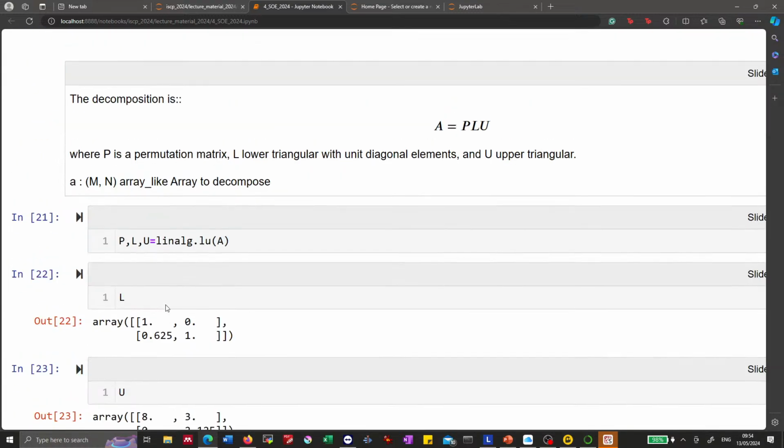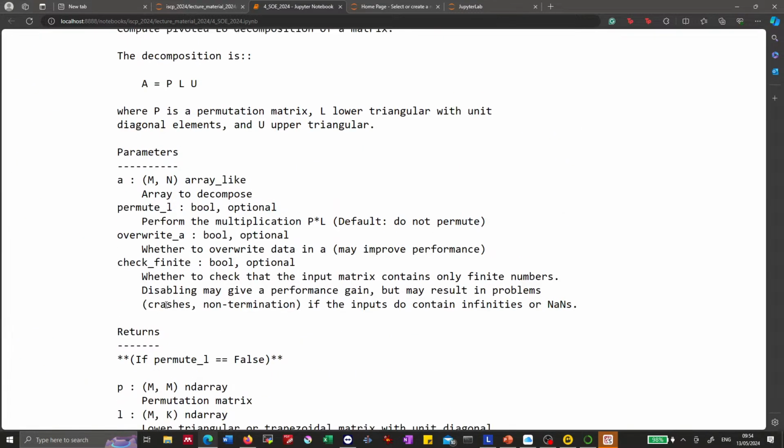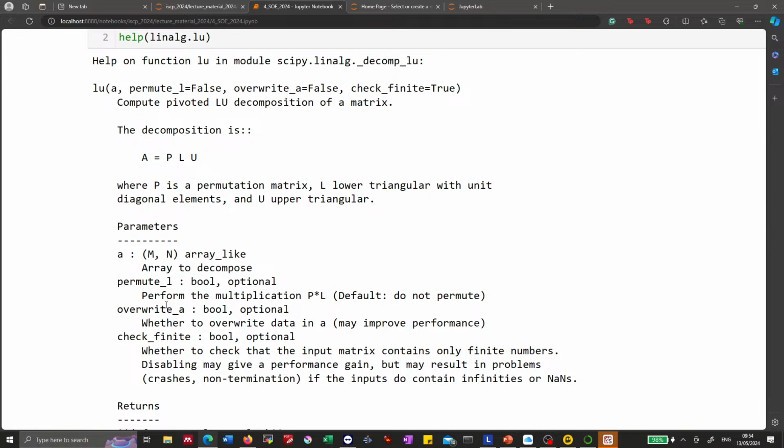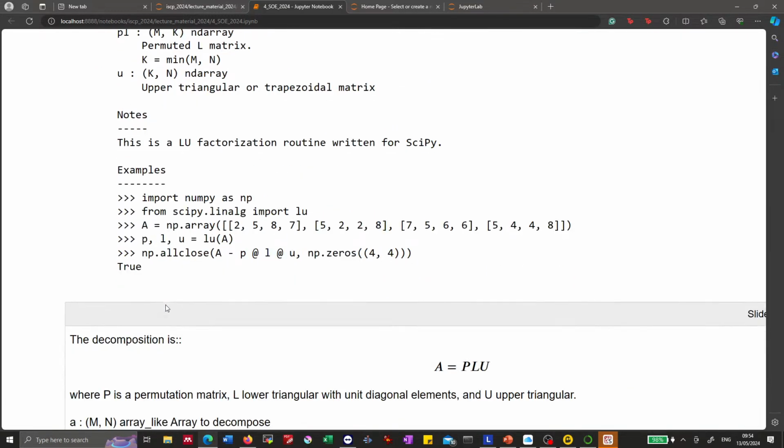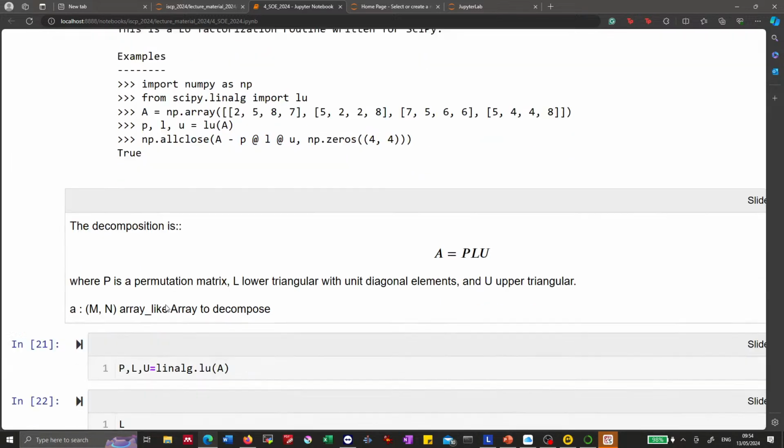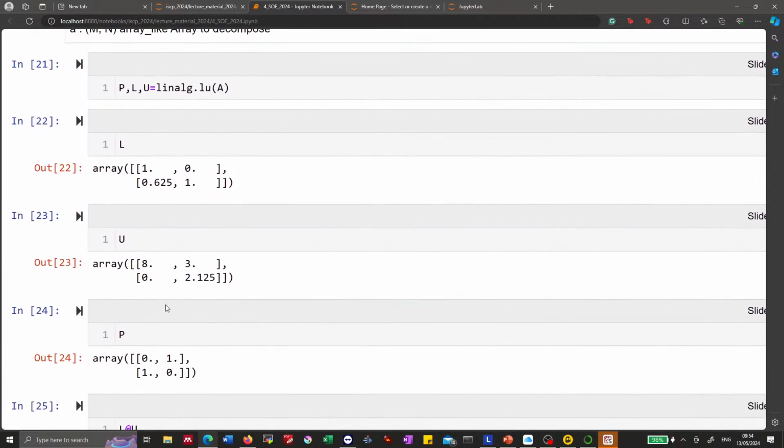It's not a real problem because, if you remember, the decomposition of this method is P times L times U. So I get my lower and upper triangular matrix. I can always swap lines and rows of a matrix, right?